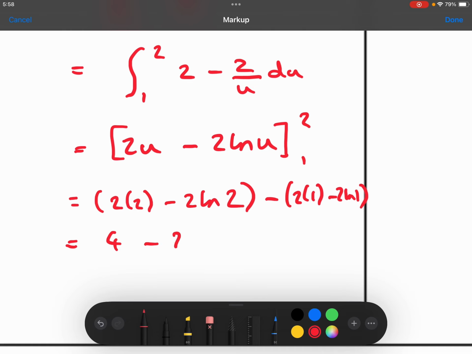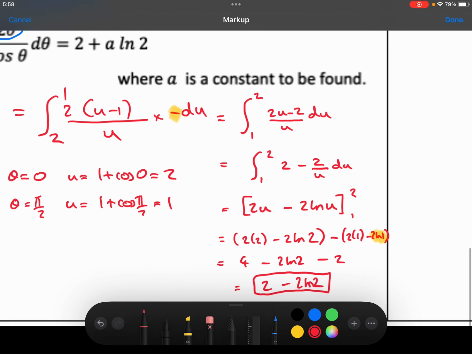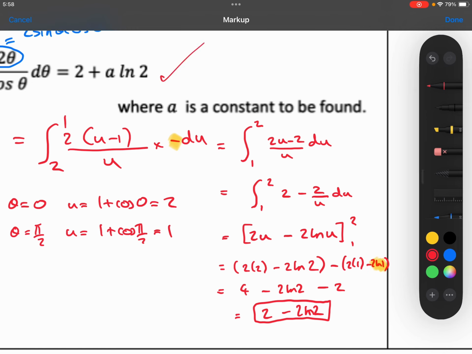So 4 minus 2 ln 2 minus 2. The ln 1 here is just 0, so that's going to disappear. And we'll get as our answer 2 minus 2 ln 2, which is in the form required, where a is minus 2.